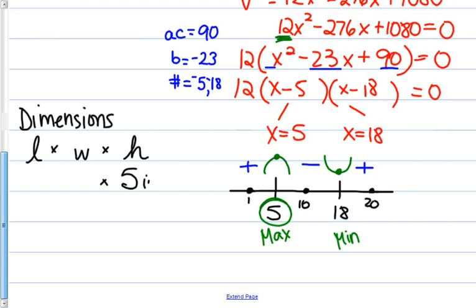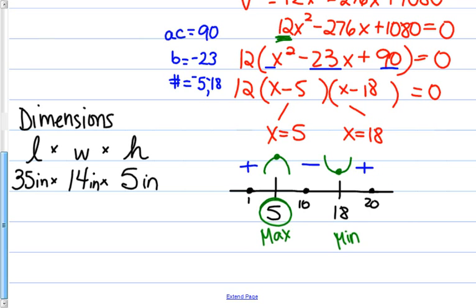This was inches, right? Yes. Length and width, it really doesn't matter which one you pick as what. So 24 minus 2 times 5, so 24 minus 10. So it's 14. And then the other is 45 minus 10, so that's 35. So my dimensions would be 35 by 14 by 5. And those are the dimensions that will actually maximize the volume of this box.